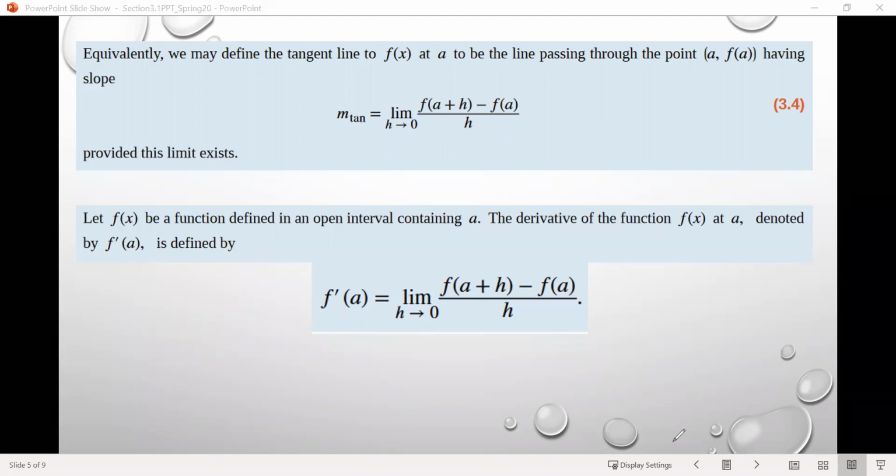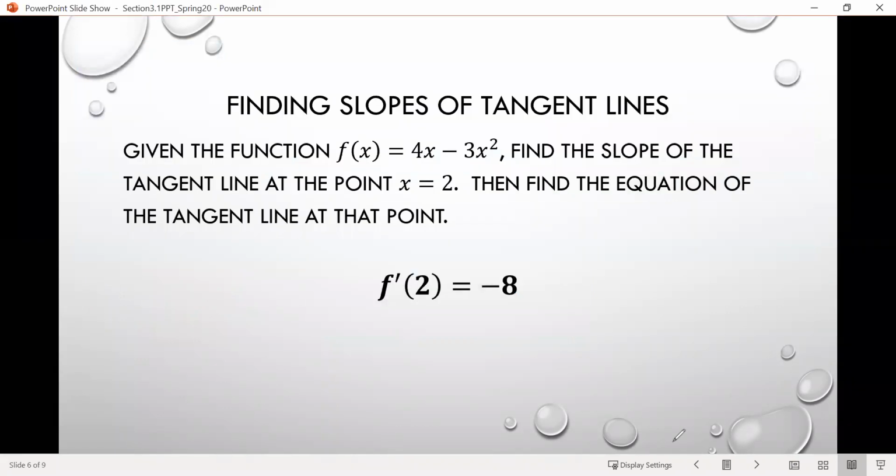So relating that back to what we were just doing. That first problem we did, where we found the slope of the tangent line at x equals 2 for the function 4x minus 3x squared. Using that notation, we could write that f prime of 2 equals negative 8, since we found the slope of the tangent line at that point was negative 8. Another way to say this would be the value of the derivative at 2 is negative 8.